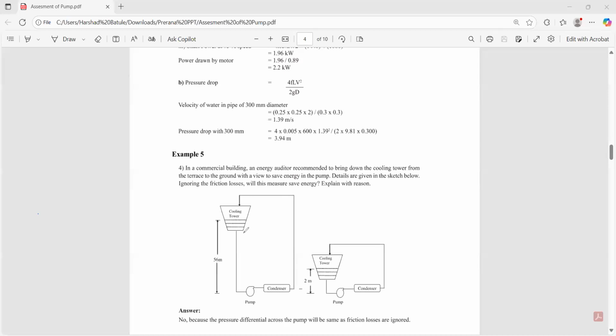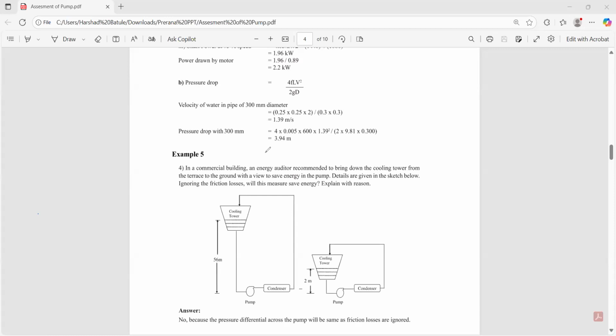So does the height of that particular cooling tower matter, or does the piping distance matter? If you are told to ignore the frictional loss, does the height or the location of the cooling tower matter to us in a closed loop system? No. Because your discharge would be cancelled by the free fall from gravity, right?